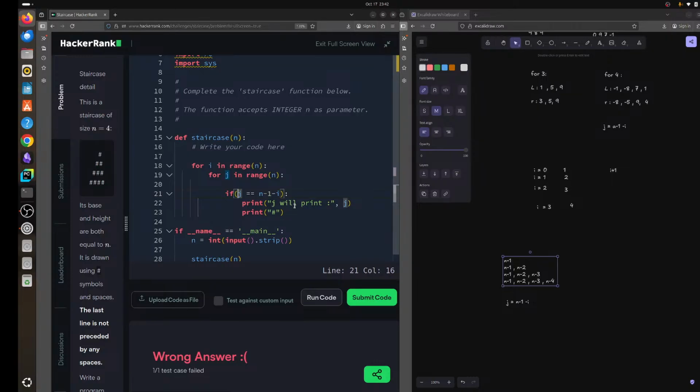Let's get some more moment. Let's think about it. What can we do? Just print one time if i equals 0.